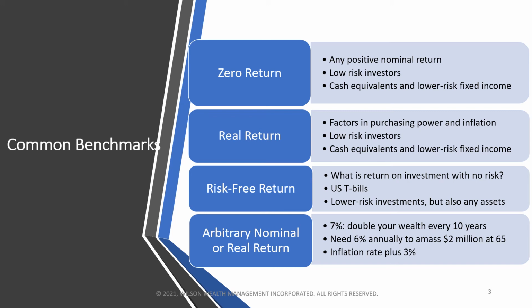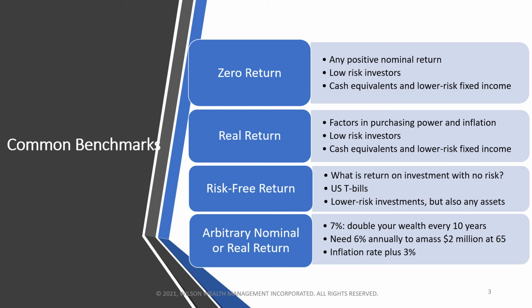A lot of financial advisors and clients say, I'm saving for retirement and I need to amass $2 million at age 65. And if we go back and we look at your initial capital, your planned periodic funding, then we can calculate what sort of rate of return you need to earn to reach that $2 million goal.